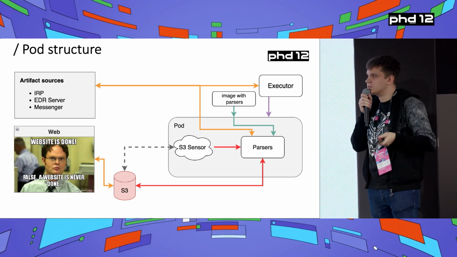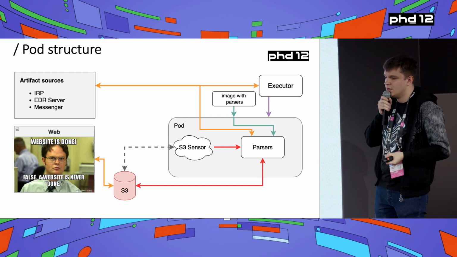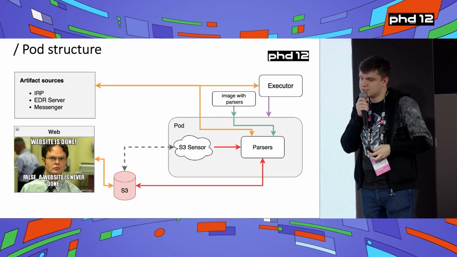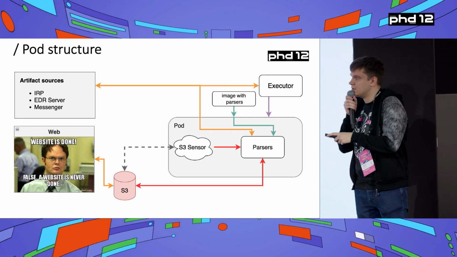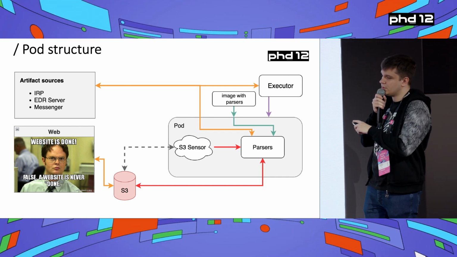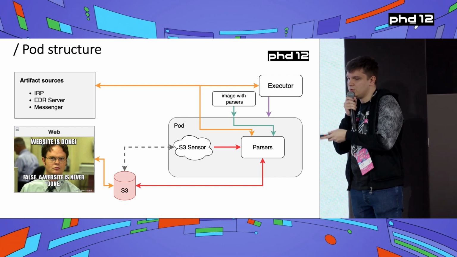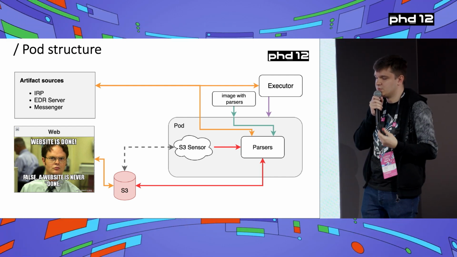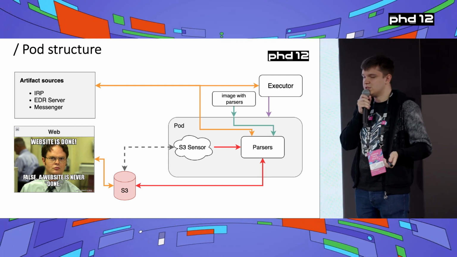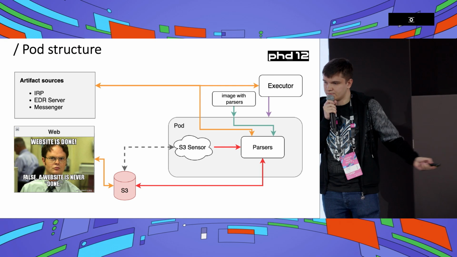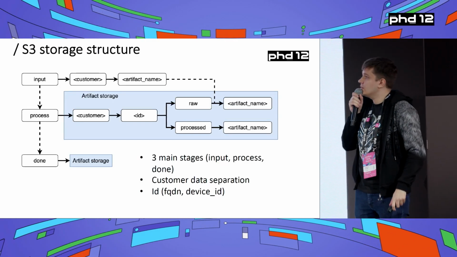The pipeline is launched automatically with other sources, but with web we just send the artifacts to S3, and the Airflow regularly runs pods using the S3 sensor to see whether there is an artifact following a given route.